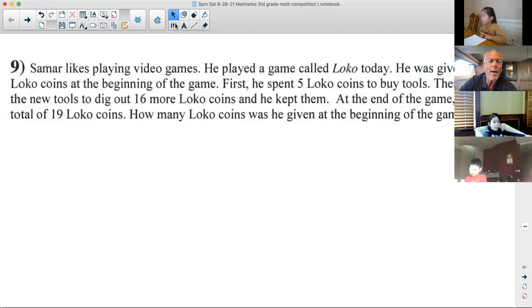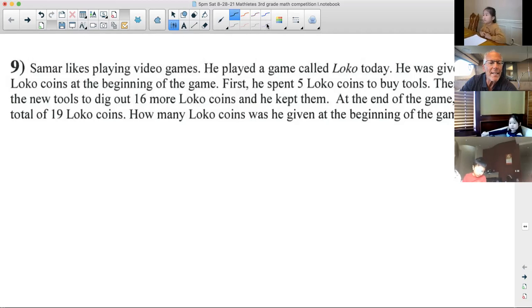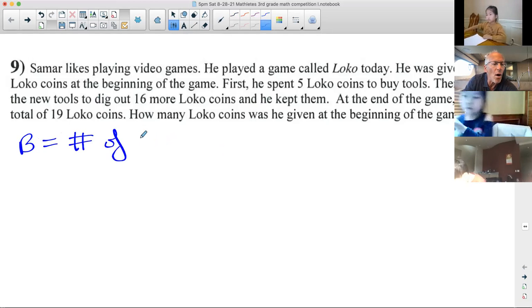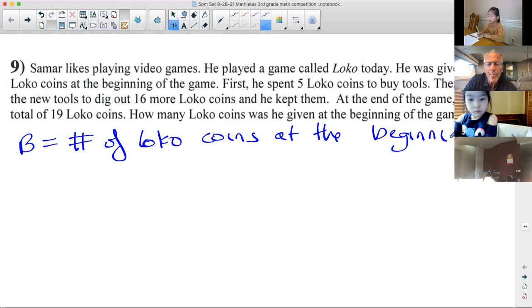What I want everybody to do right now is write down the letter B to represent the number of loco coins at the beginning. So he had B coins.